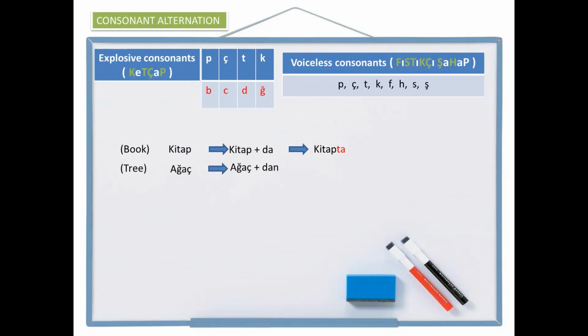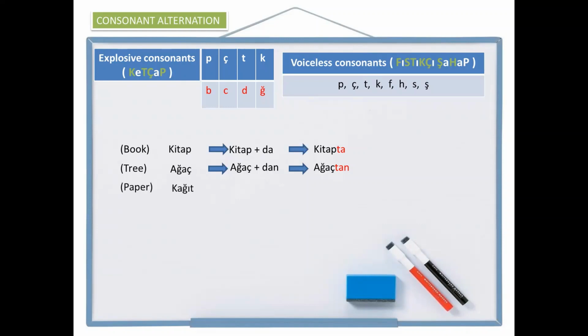Okay, now as you see, ç, the last consonant of the word, again it's a voiceless consonant, and as you see, the suffix is not only a vowel. So what kind of alternation will happen here? Is the consonant going to change or the suffix going to change? Yes, the suffix is going to change. Ağaçtan.